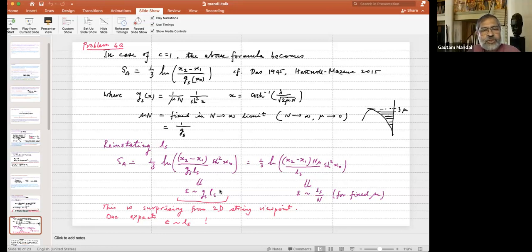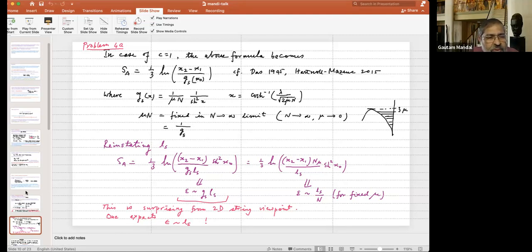Ls is the standard cutoff that you would like to use in two-dimensional string theory, but what you get here, coming from the fermion theory, is GsLs. This is surprising from the two-dimensional string viewpoint because one expects epsilon going as Ls. So this is our problem 4a.